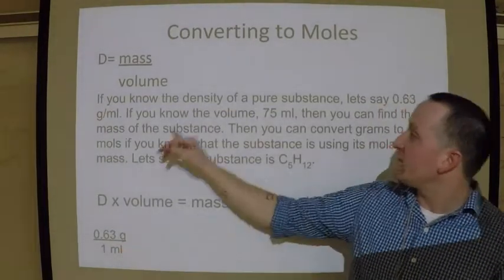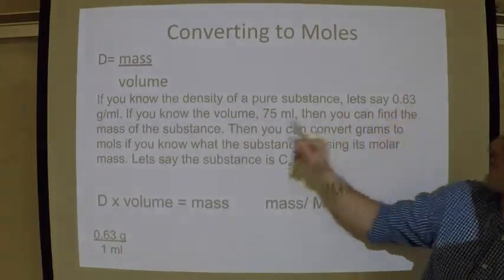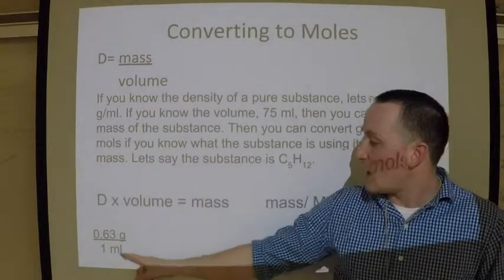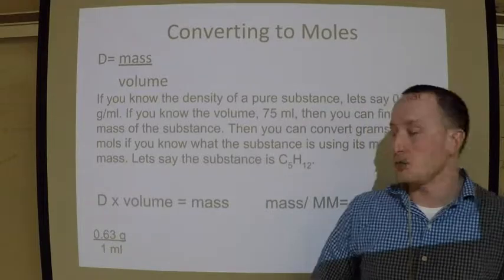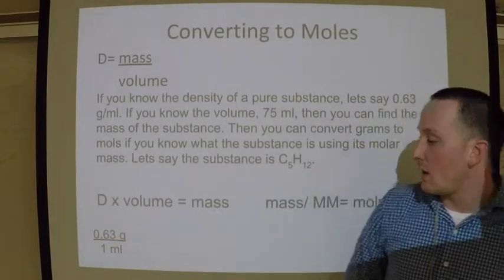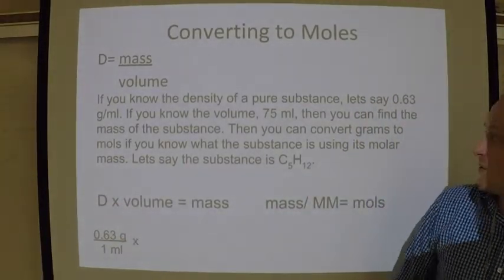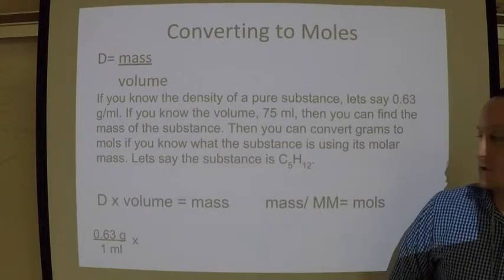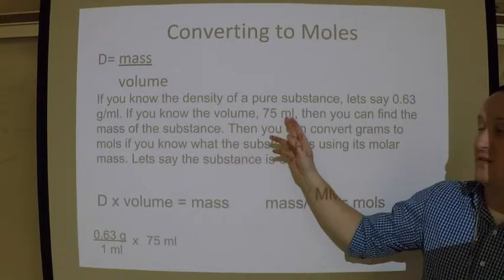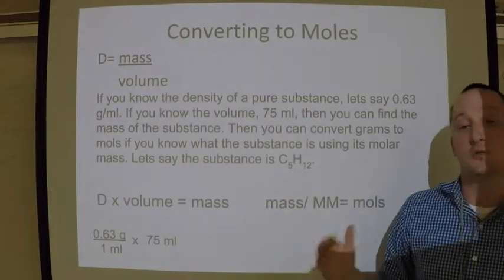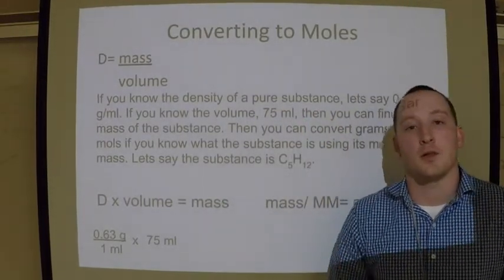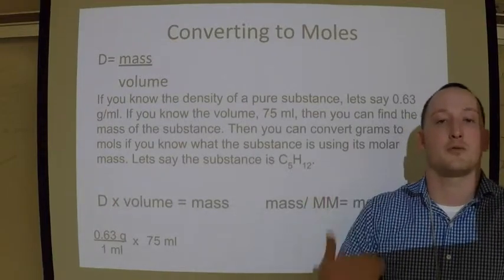I have a density of 0.63 grams per milliliter, which means I have 0.63 grams for every 1 milliliter. That's my density, and I'm going to multiply that times my volume. Well, my volume was 75 milliliters. And again, the reason I'm going to leave this in milliliters is that on our previous slide, I changed my volume to liters, because the molarity equation is moles per liter.